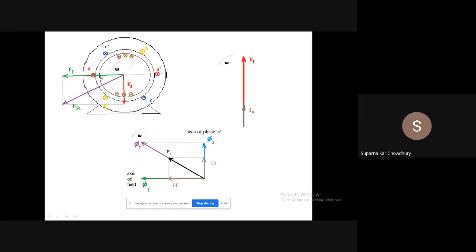So if this is Ff, then backwards by 90 degrees, this will be Fa. Ff divided by the air gap reluctance will give phi F, and Fa divided by the reluctance will give you phi A. So the resultant is Fr, and Fr divided by the reluctance is phi R.